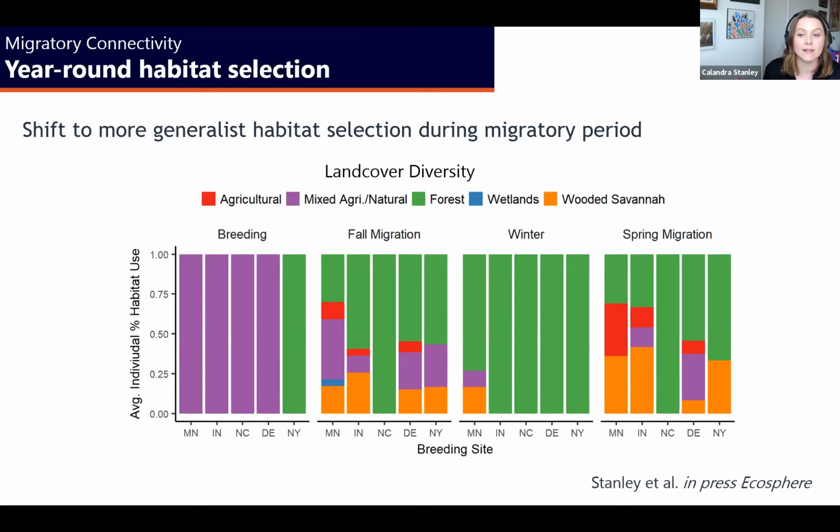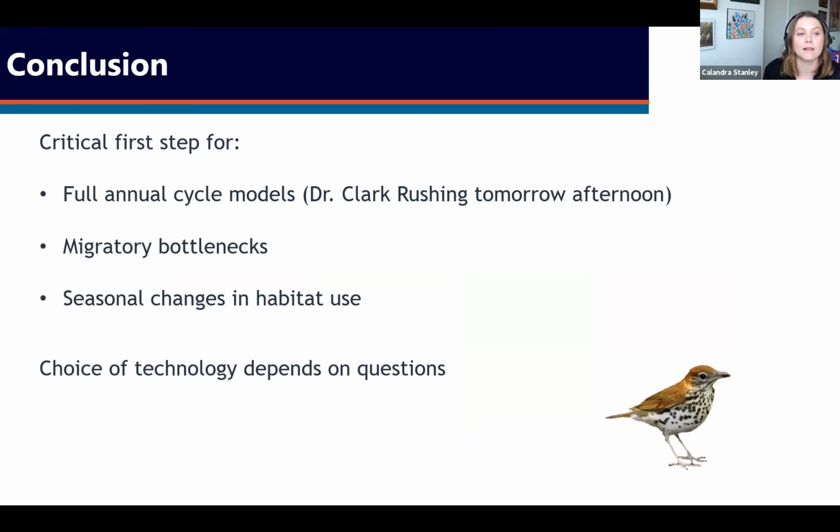So there's a lot of exciting questions that we can start asking as technologies continue to improve. And so really assessing migratory connectivity is this critical first step for next asking questions about full annual cycle models, which Clark Rushing is going to be talking about, like I mentioned, about wood thrush.